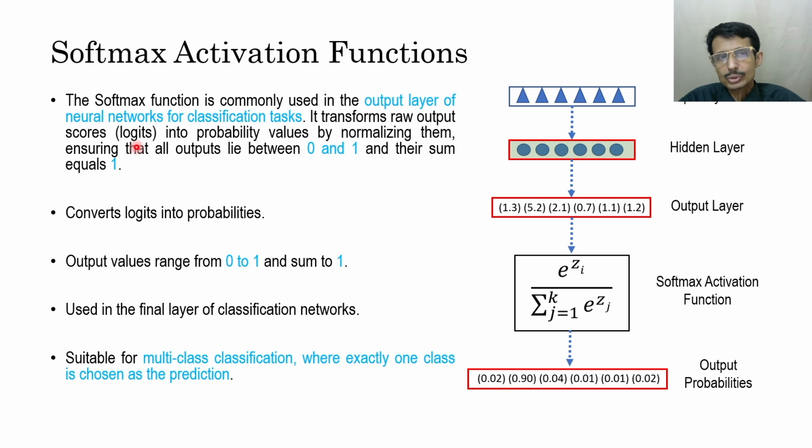It transforms the raw input scores, the logits, into probability values by normalizing them, ensuring that all outputs lie between 0 and 1 and their sum is 1. For output layer values z_i, softmax is e to the power z_i divided by the sum over j equals 1 to k of e to the power z_j. So it converts logits into probabilities, and the output values range from 0 to 1 since they are probability-like values. It is generally used as the final layer of a classification network, and it is suitable for multi-class classification where exactly one class is chosen.